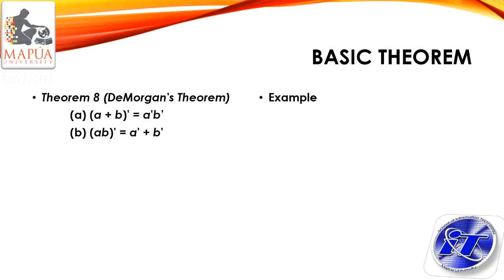Another example in implementing theorem number 8. We have NOT of (A added to B or C added to C x plus A'). So we have multiple groupings and the whole equation is negated.